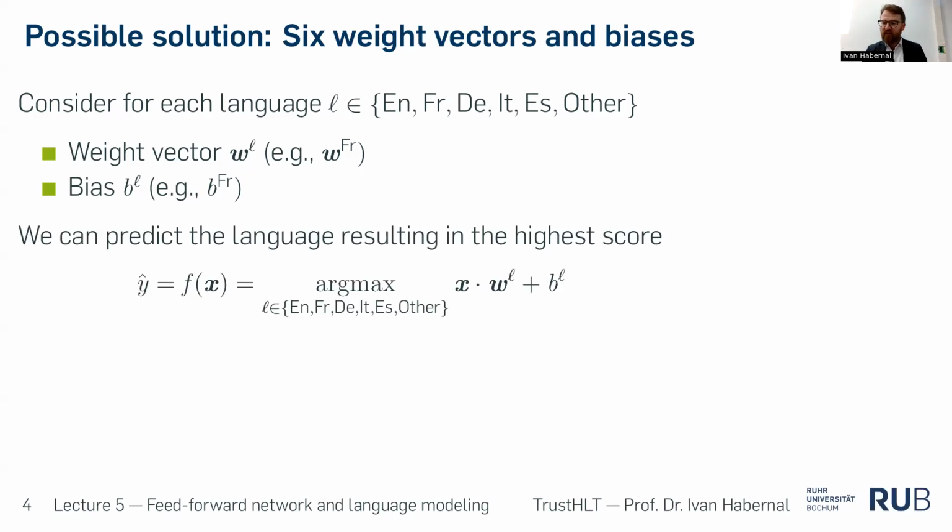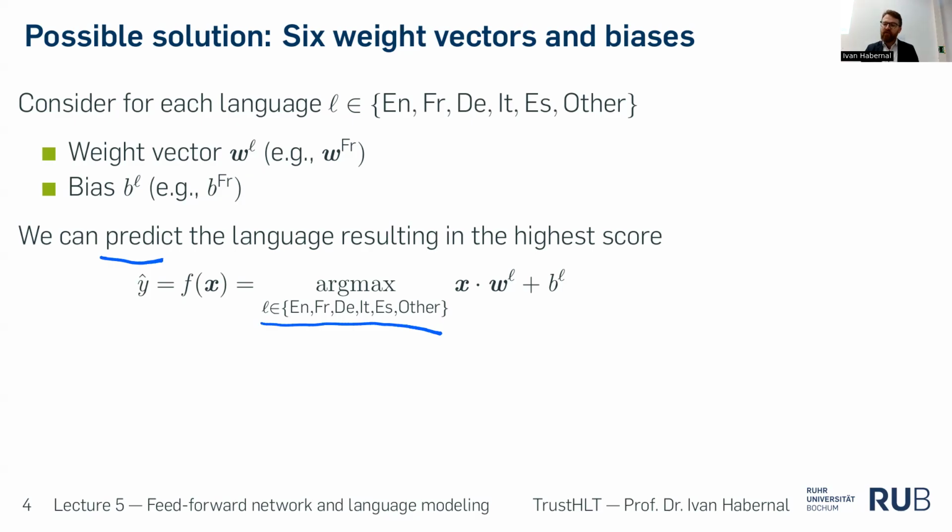Once we do this projection, we can say that the language which is going to be predicted is the one with the highest score. Here we still don't use the sigmoid function, but maybe you just want a high score.